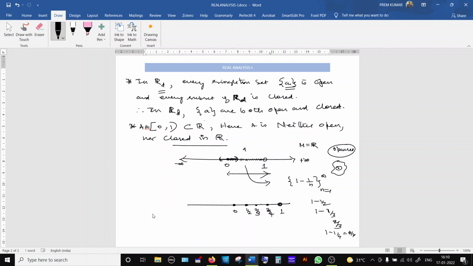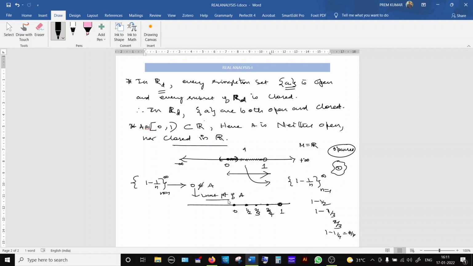So we found one sequence in A converging to one number, but this number does not belong to A. So this is the limit point of the set A, but only if this limit point is inside A can I say it is a closed set. This is true for any sequence you take.